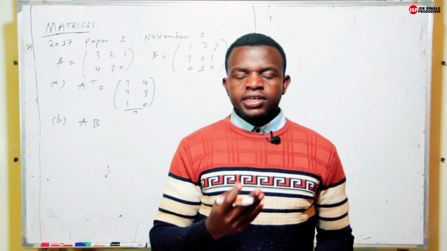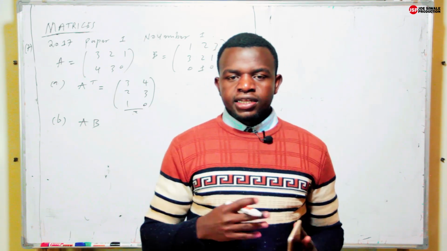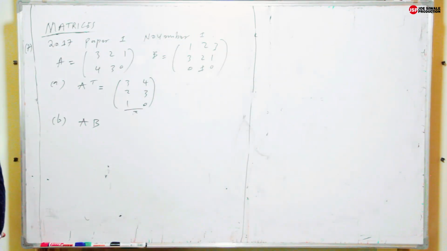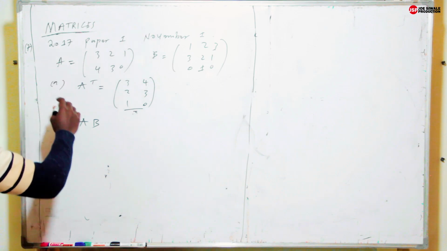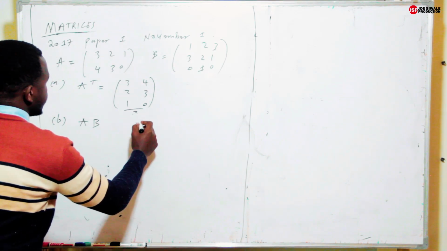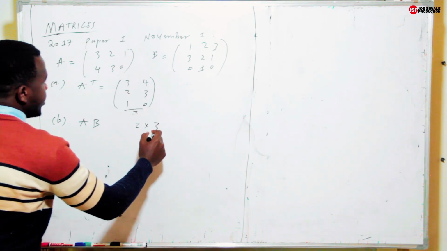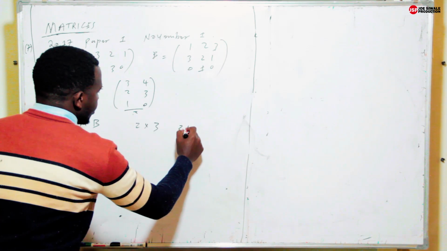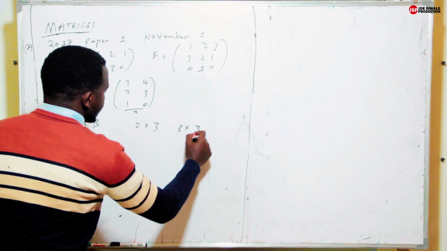So let us write down the orders, and see if these two matrices are matching. So for matrix A there, the order is 2 by 3. Then for matrix B there, the order is 3 by 3.